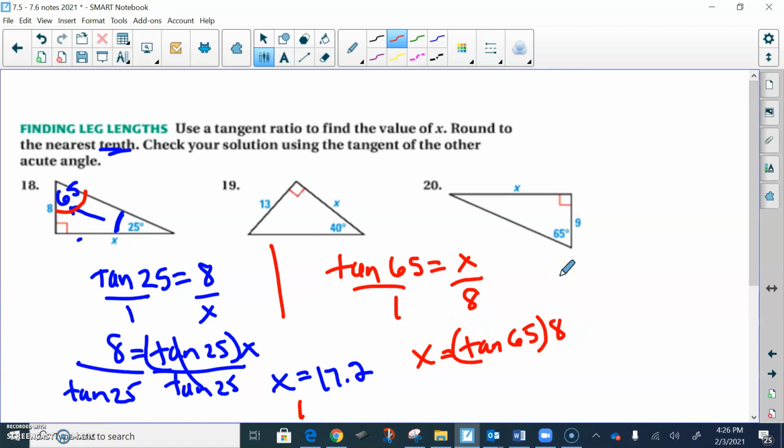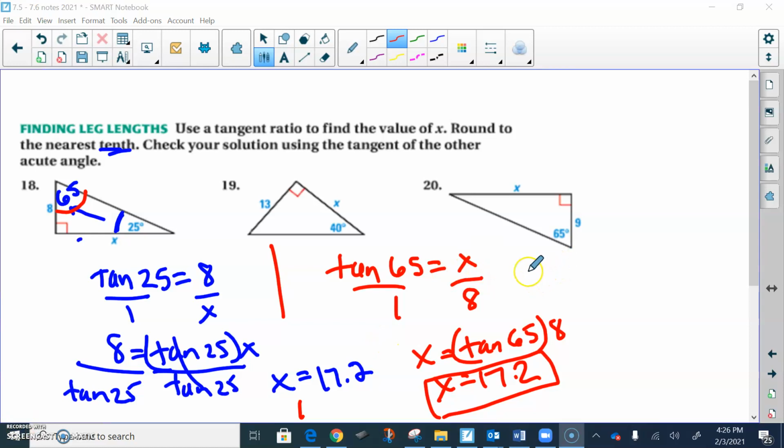We're going to punch that in our calculator and hope we get the same answer. So we're going to say tangent of 65, close parenthesis, times 8, and it looks like that's about 17.2. Okay, so it works from either of the two acute angles. It doesn't matter which one you choose.